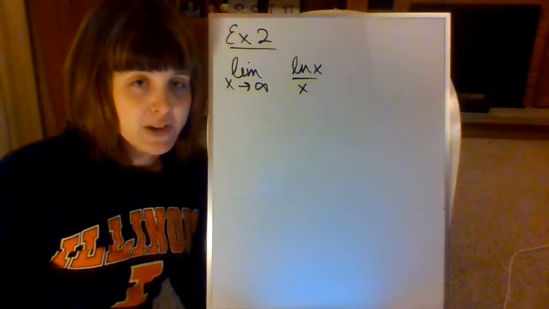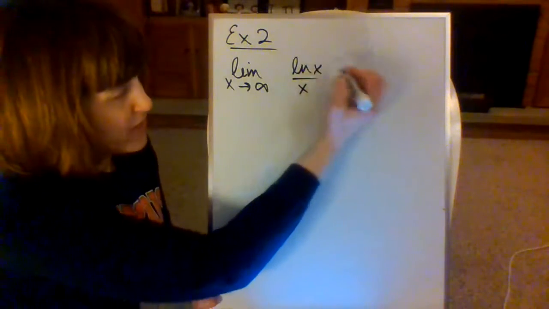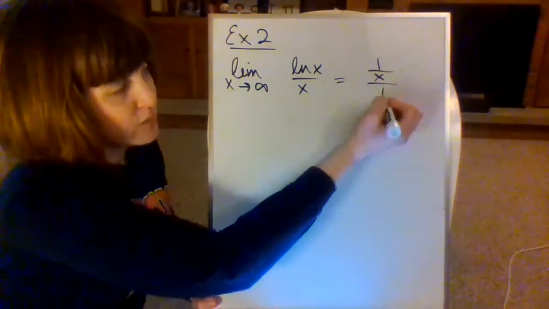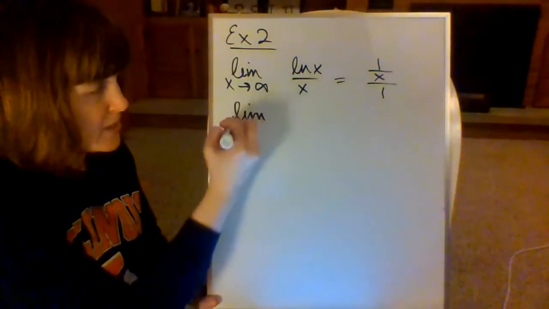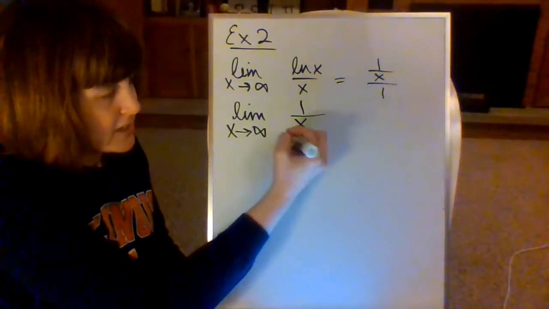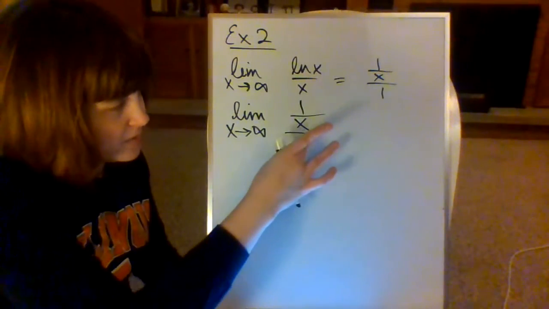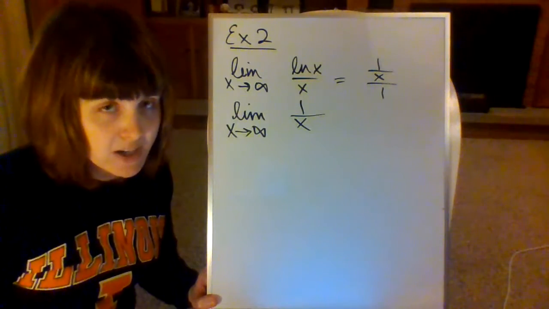So we're going to find the derivative of the top and the bottom. So the derivative of natural log of x is 1 over x, and the derivative of x is 1.